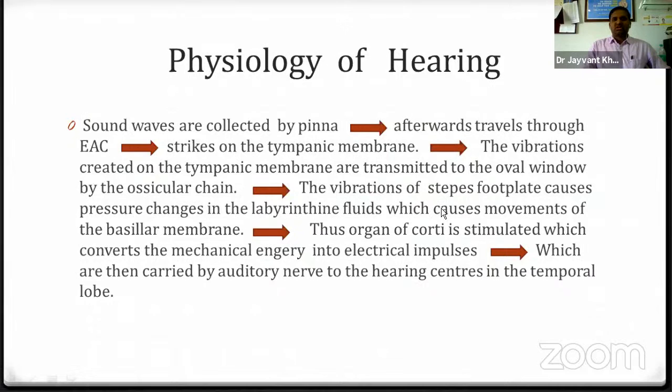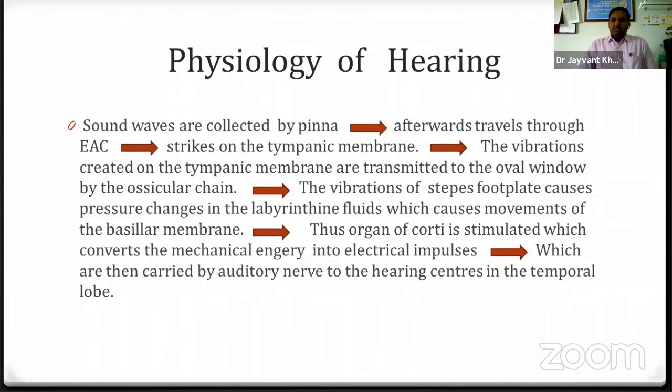The vibrations of the stapes footplate cause pressure changes in the labyrinthine fluid, which cause movement of the basilar membrane. Thus the organ of Corti is stimulated, which converts mechanical energy into electrical impulses, which are then carried by the auditory nerve to the hearing centers in the temporal lobe. Okay.